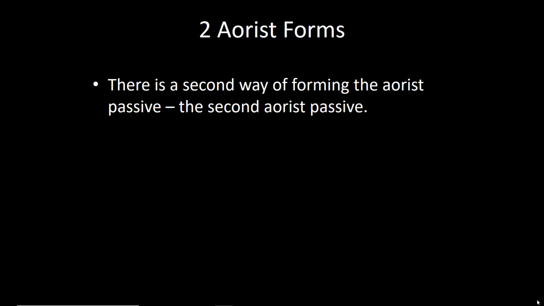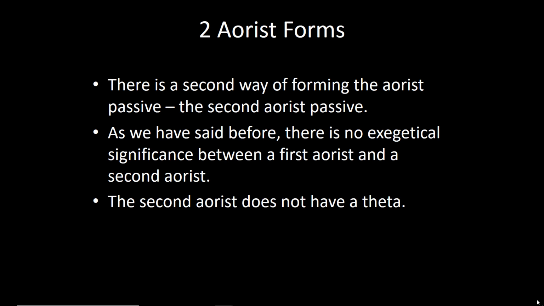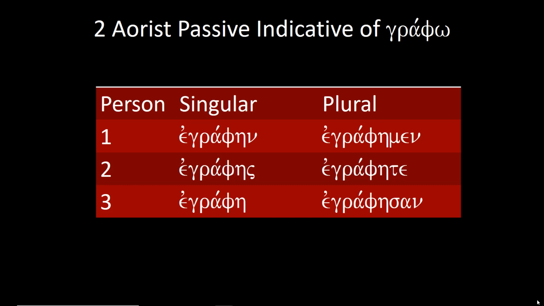There's a second way of forming the aorist passive called the second aorist passive. And just as we've said before, there is no difference between a first aorist and a second aorist in terms of meaning. There's no special significance for a verb doing second aorist. This is just a different way of forming the aorist tense. What the second aorist will do is it will not have a theta. So let's look at this from grapho, I write.